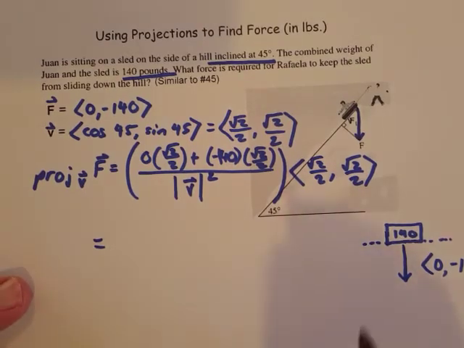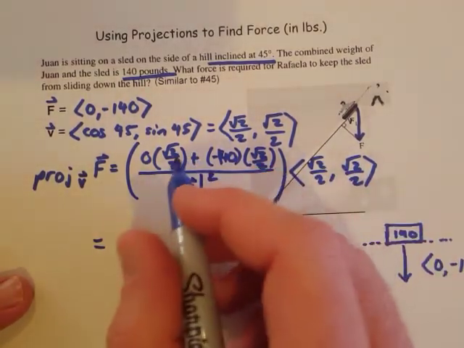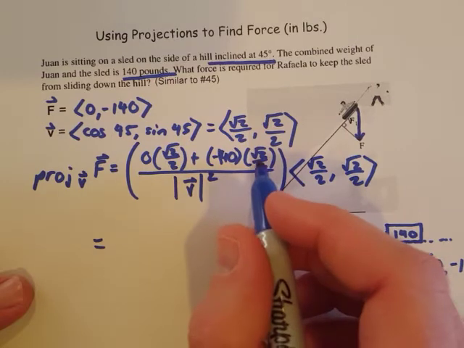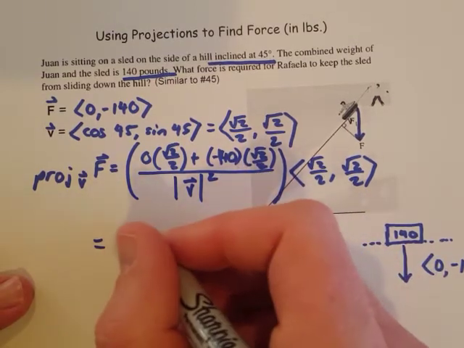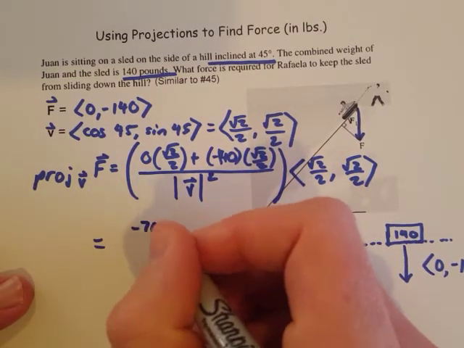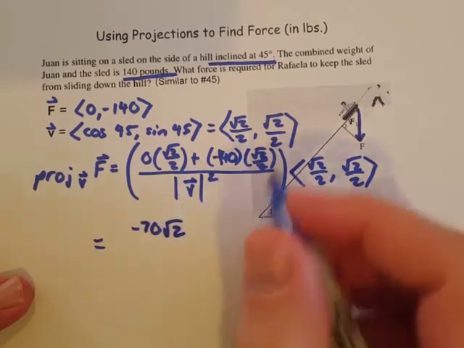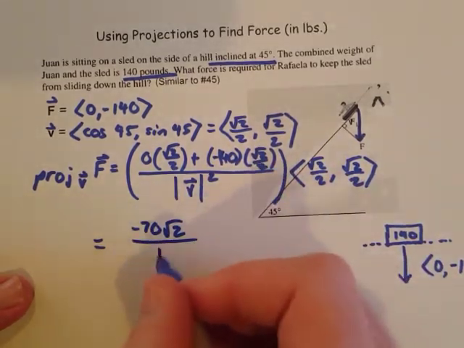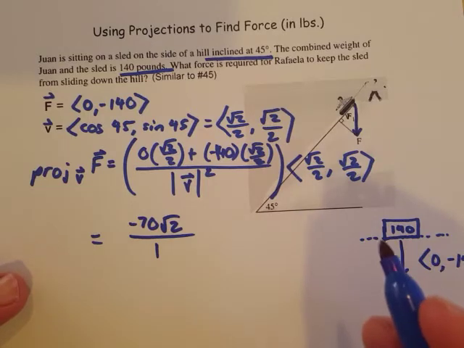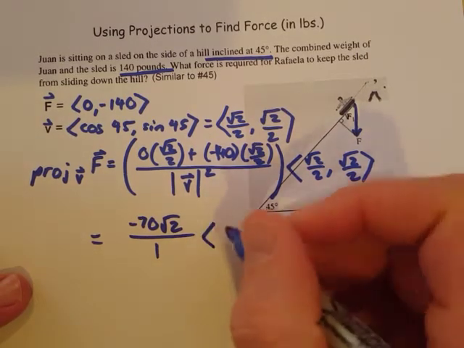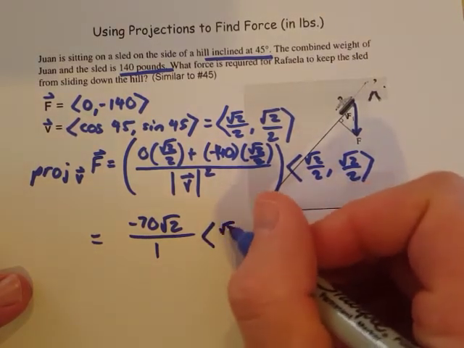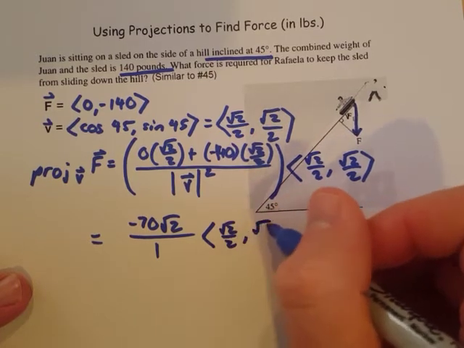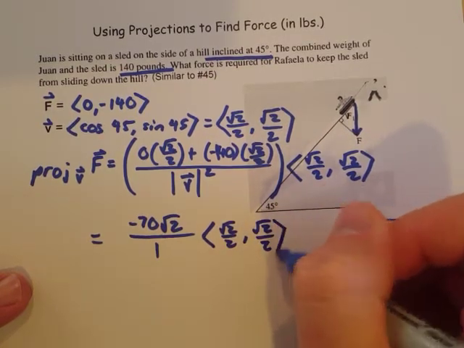What ends up happening on the top is that we get, well, that's 0. Negative 140 divided by 2 is negative 70 square root of 2. That's what's on the top here, all divided by 1. And then we have times square root of 2 over 2, square root of 2 over 2, building our vector.